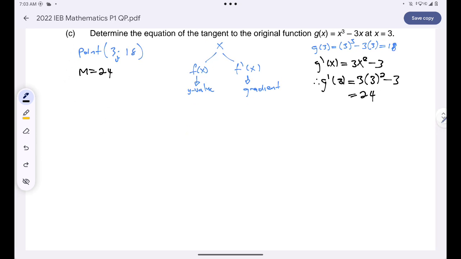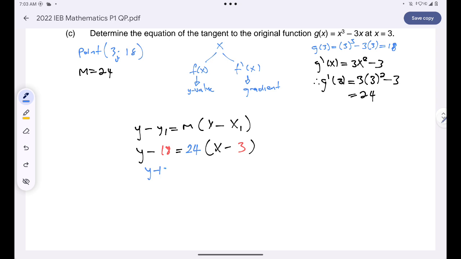I can find the equation of the line by substituting into the equation y minus y1 is equal to m times x minus x1. I just need to substitute here. y1 is simply 18, x1 is 3, and m is 24.